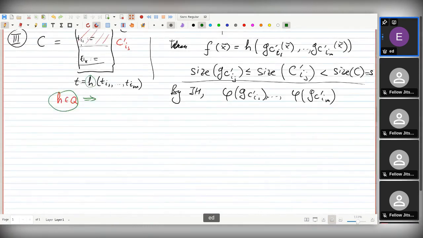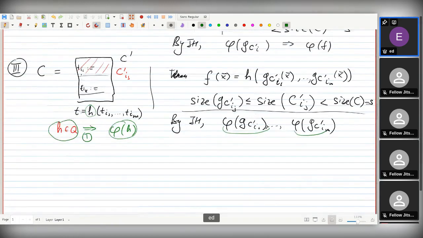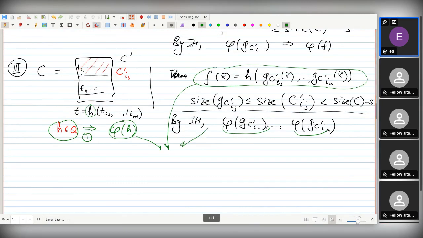So by assumption 1, phi is true for h. Look, phi is true for h, for all g, and also we know that f is just the superposition. So we can apply our third claim and obtain what we want, that phi of f holds.